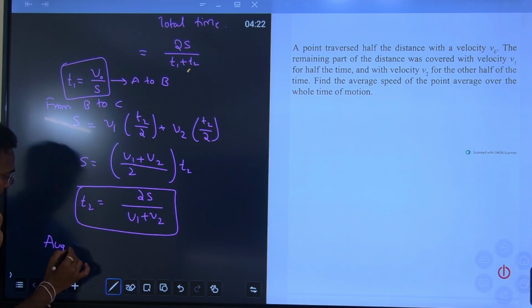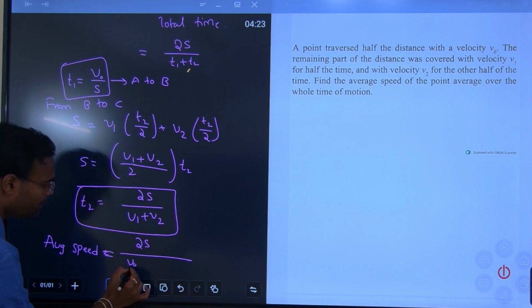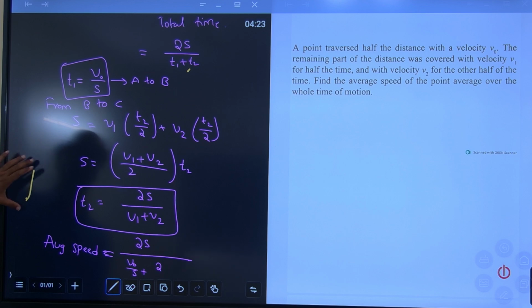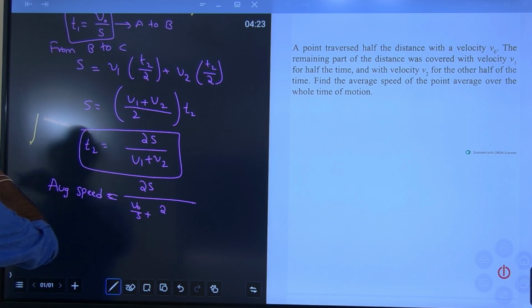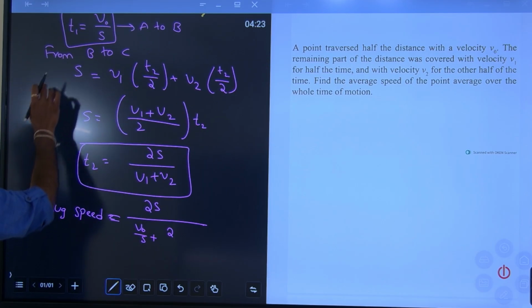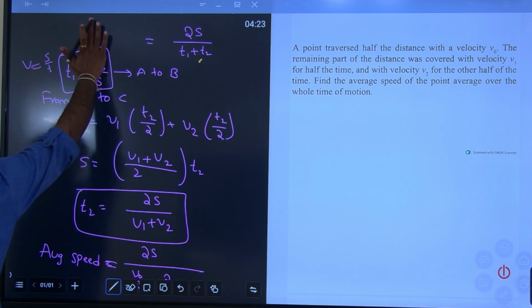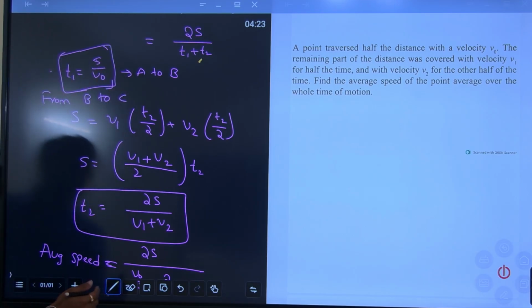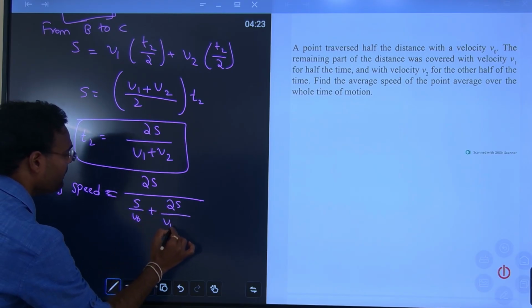Then average speed is equal to total distance 2S by T1, which is S by V0, plus T2, which is 2S by V1 plus V2.